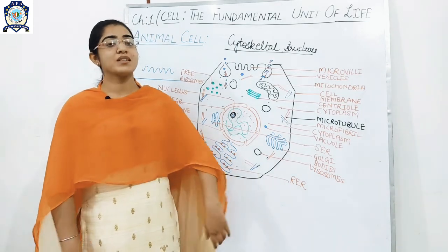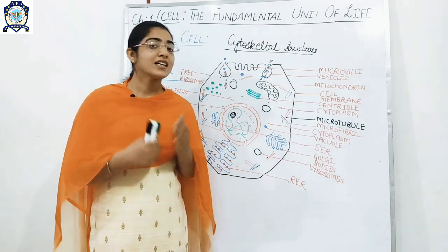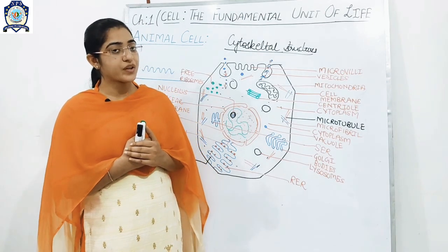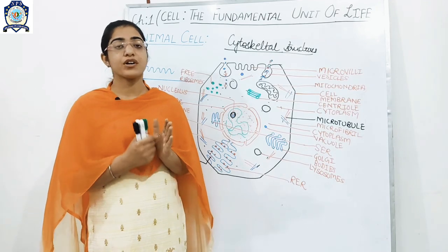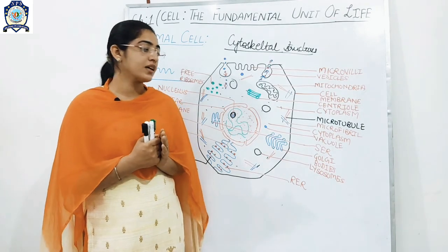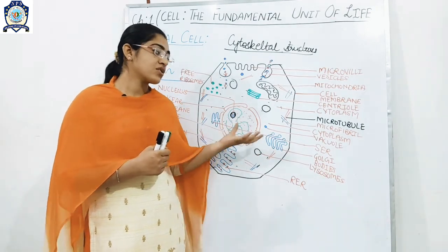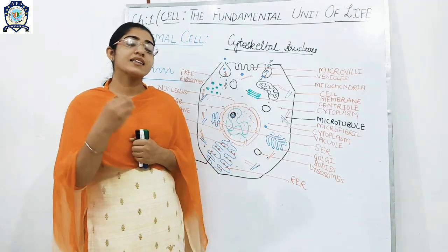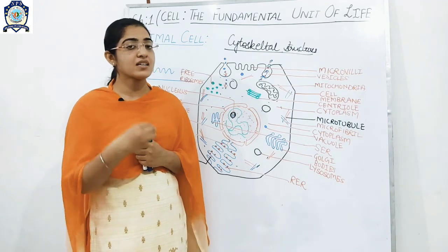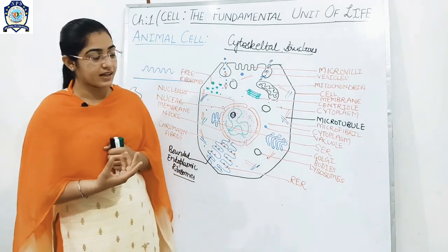Now let us start with the differences between the plant cell and the animal cell. From your exam point of view, the question always arises: differentiate plant cell and animal cell.